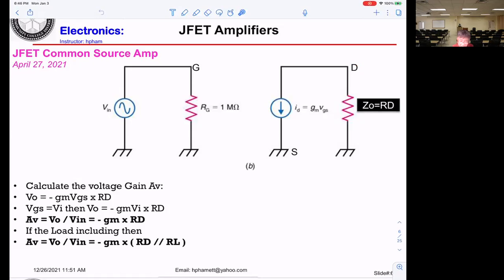V out will be measured from the output here to the ground. However, the current flows this way. Voltage and current are opposite, that's why the output will be out of phase.